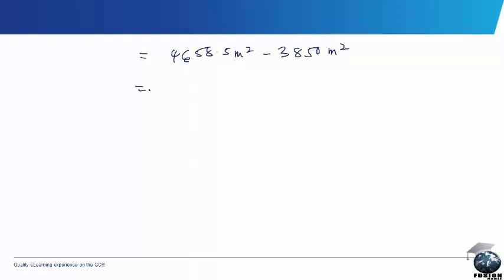If you do your subtraction very well, you have 808.5 meters squared as the area of the part.